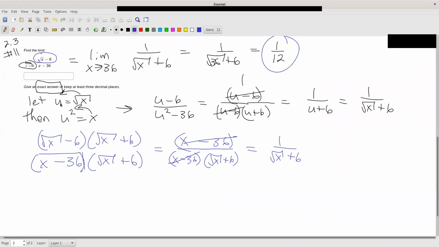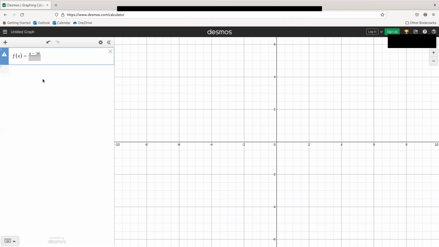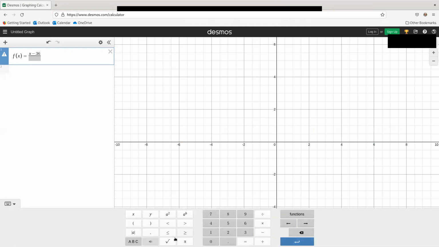Square root of x minus 6 in the numerator. Let's see, where's the square root button down here? So square root of x, let's get rid of that extra x, make that a 6, and then the x minus 36 goes in the bottom.